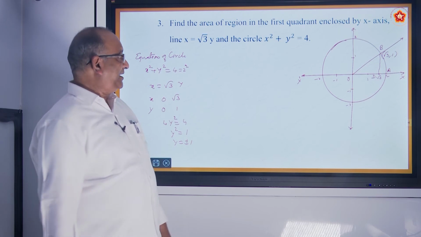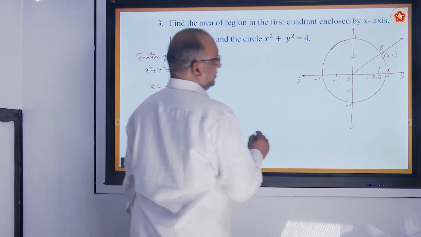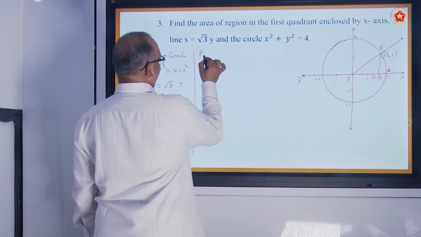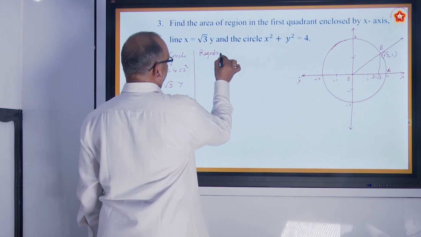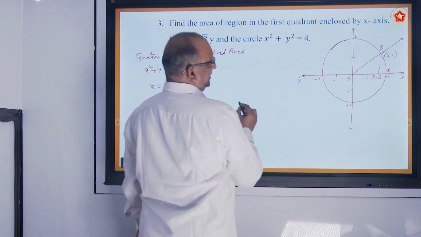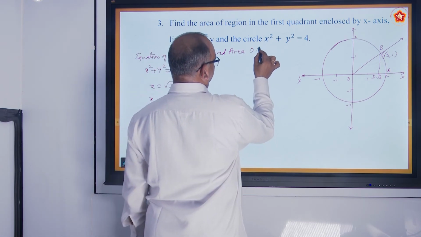Now how do you calculate the area? Which is the required area? It is OAB.